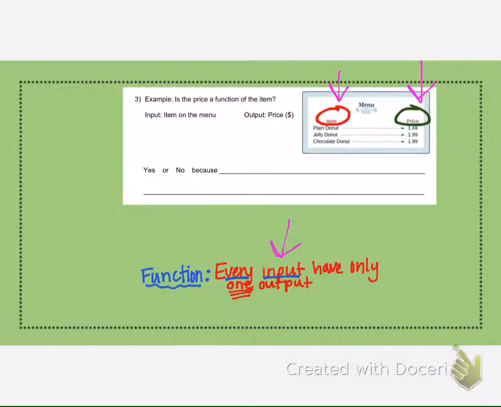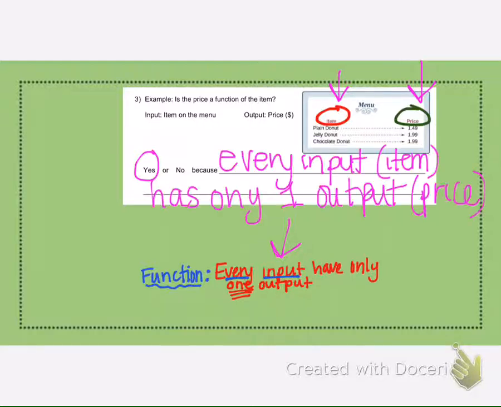If we look at the menu, a plain donut costs $1.49, so it has one price. Jelly donut is $1.99, so it has a price. And chocolate donut is $1.99. Even though the chocolate and the jelly cost the same, it doesn't matter because each donut has one price. So we would say yes. Every input, item on the menu, has only one output, price.